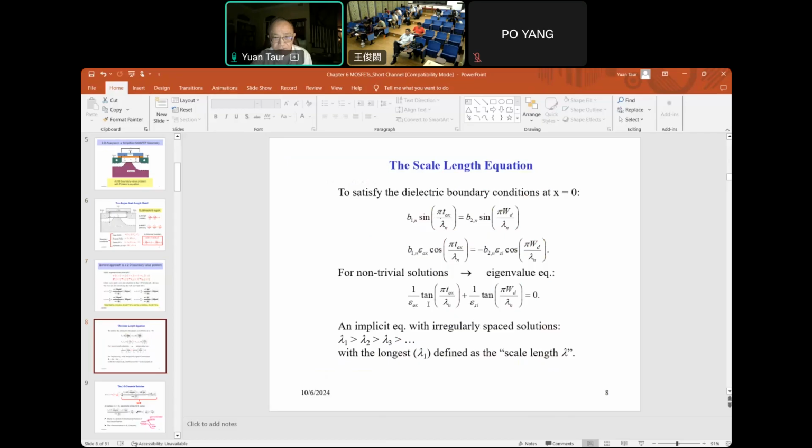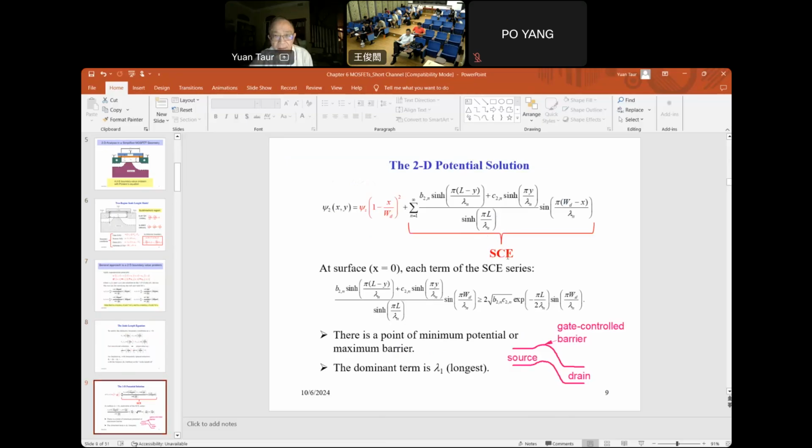So this has to be evaluated numerically. We call these lambda 1, lambda 2, and so on. In particular, we are interested in the longest, lambda 1, and we call that the scale length lambda, because the longest lambda is the dominant term, as shown in the next chart.